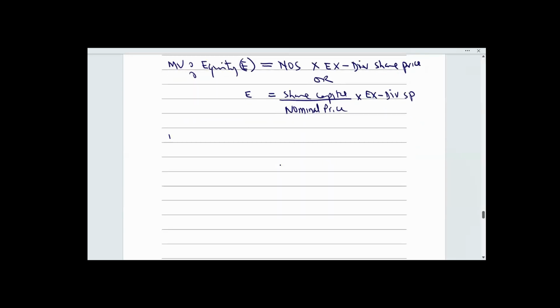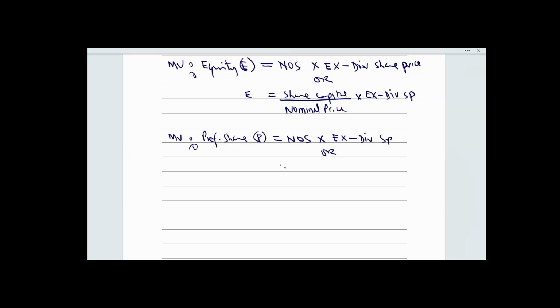Then market value of preference share, denoted as P, is calculated the same way as market value of equity. The only thing is that you are going to use number of preference shares multiplied by XDIV, X dividend of the preference share.